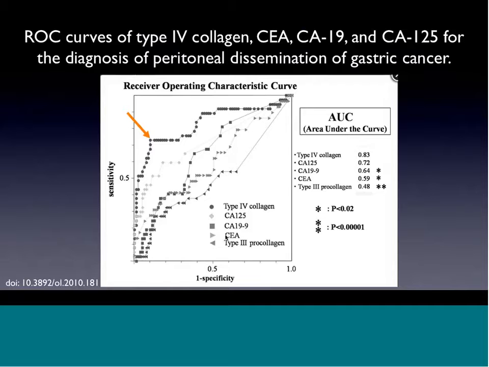So let's take a look here at a different study. There are several curves here, and they put all the numbers there, and they compare the area under the curves, which is the most common approach. But let's pay attention to this curve here, the type 4 collagen. And now what are the categories that can be created here?